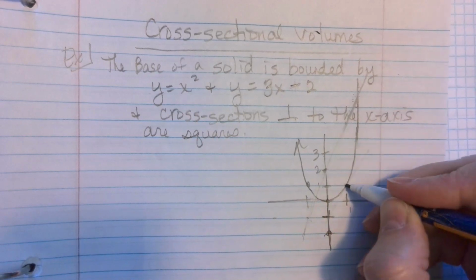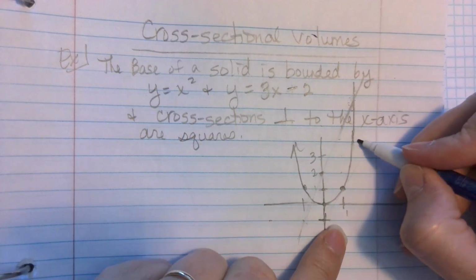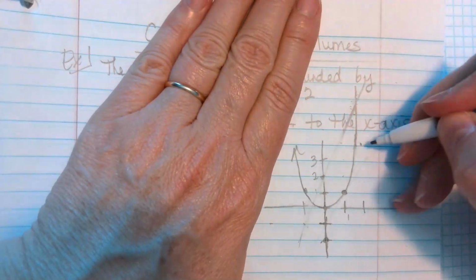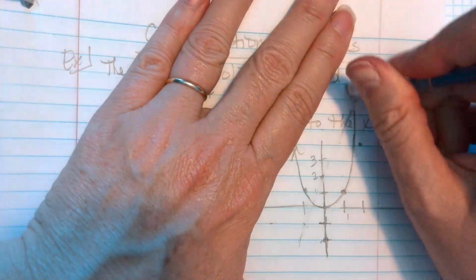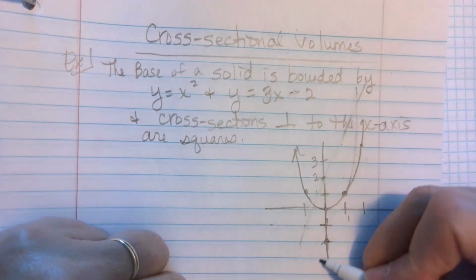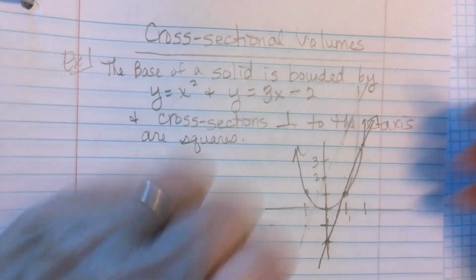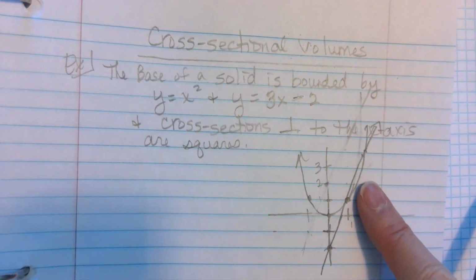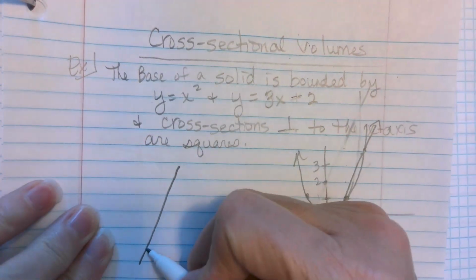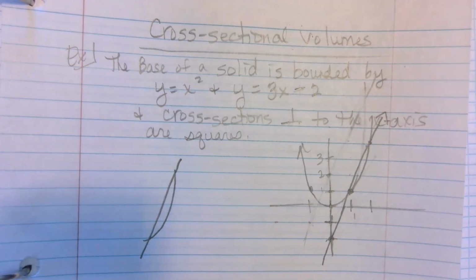Rise 3, run 1. Oh, found a nice intersection point. Rise 3 more, run 1 more. So 2 would have been up here at 4, right? Oh, I think I found the intersection point right there. So this is linear. That area is so teeny tiny, I'm just going to bring it right out here, and we're going to have a little bit closer look at it.